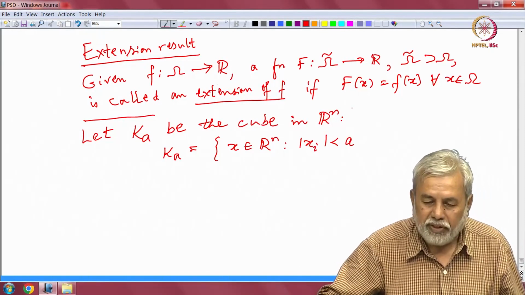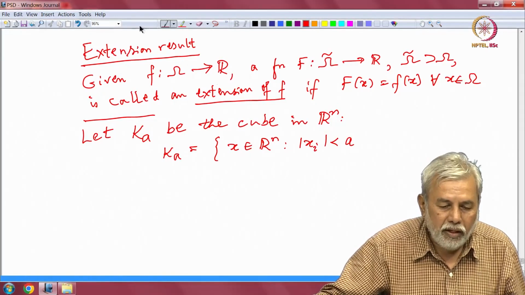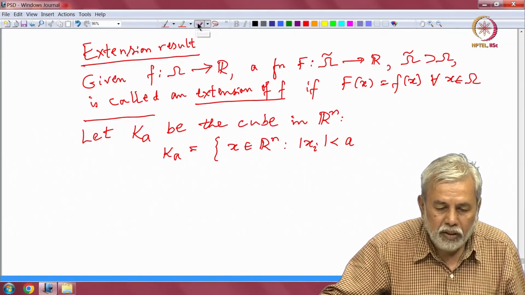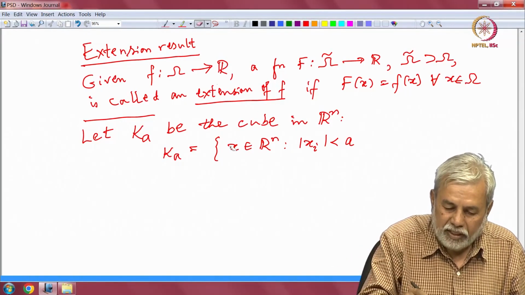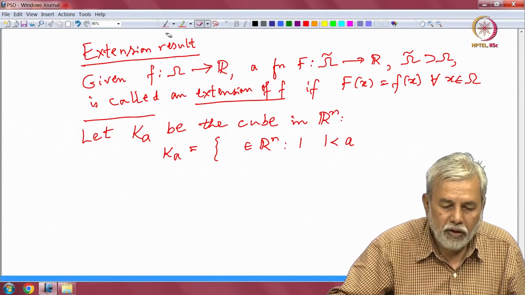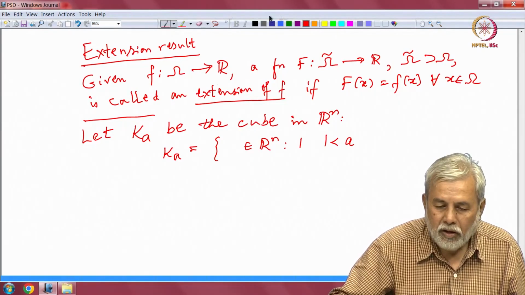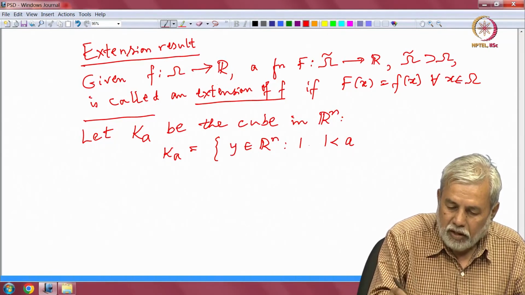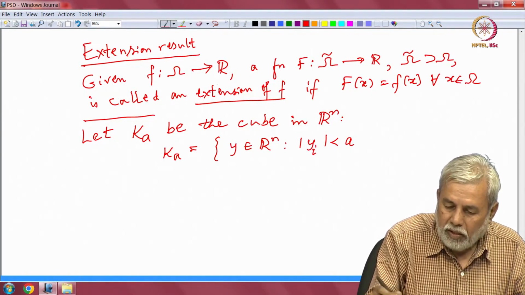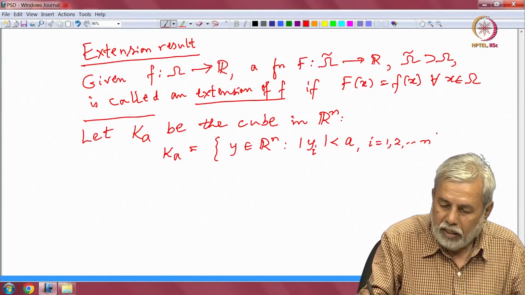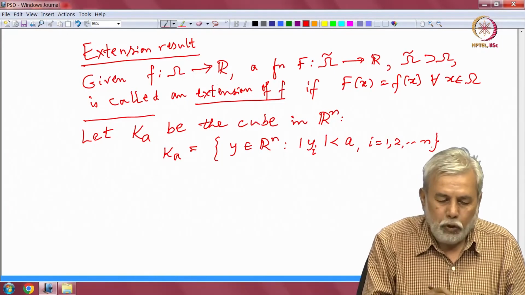Let me use y instead of x, because later on we will see why. So y in R^n. That is the cube.